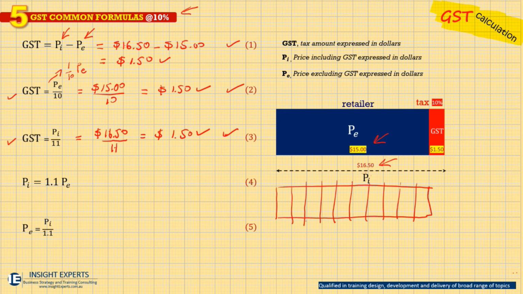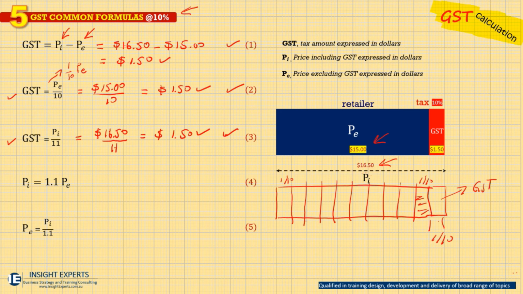Each one has a size of 1/10, and so on. What the taxman is telling the retailer is to take 1/10, any of this 1/10, and add it on top of the recommended retail price, and that becomes the payable GST. So the GST is equal to 1/10.